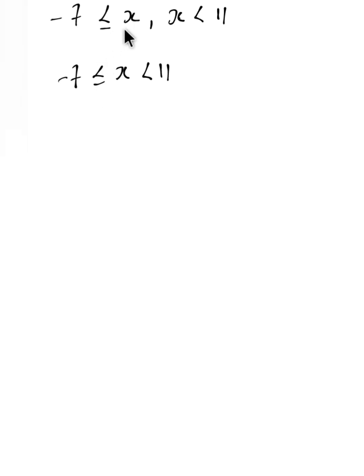So when we combine those two, it just gives us this. From here, we see that minus 7 is less or equals to x is less than 11. And when we try to draw this in our number line, let this point be 0. If here is 0, then minus 7 will be around here, and 11 will be around here.